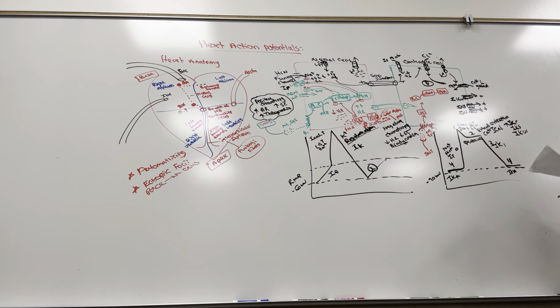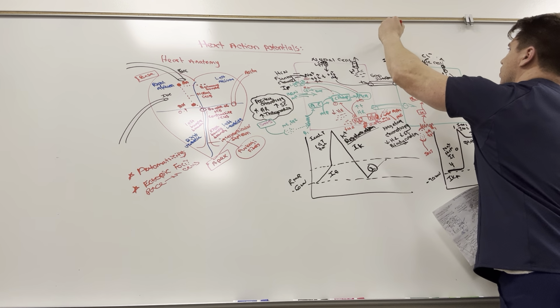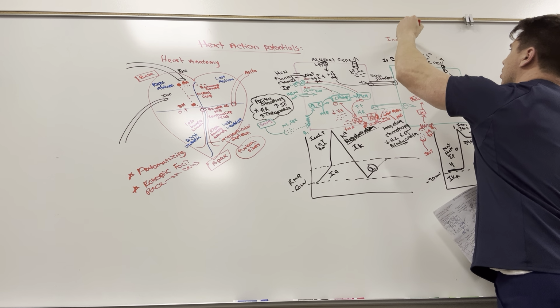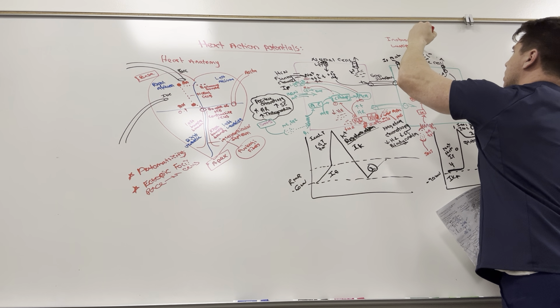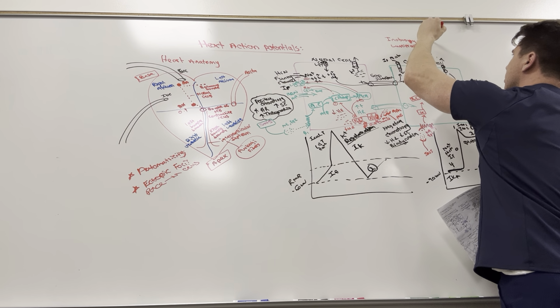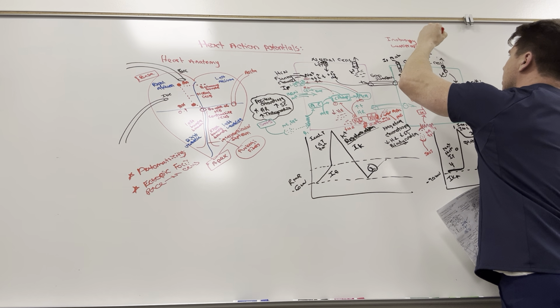Super important. Okay, this is going to be really important for a couple reasons, because with inotropy and lusitropy, because that's kind of what I'm explaining over here, inotropy and lusitropy. And this means an increase in calcium, and this is a decrease in calcium. Okay?